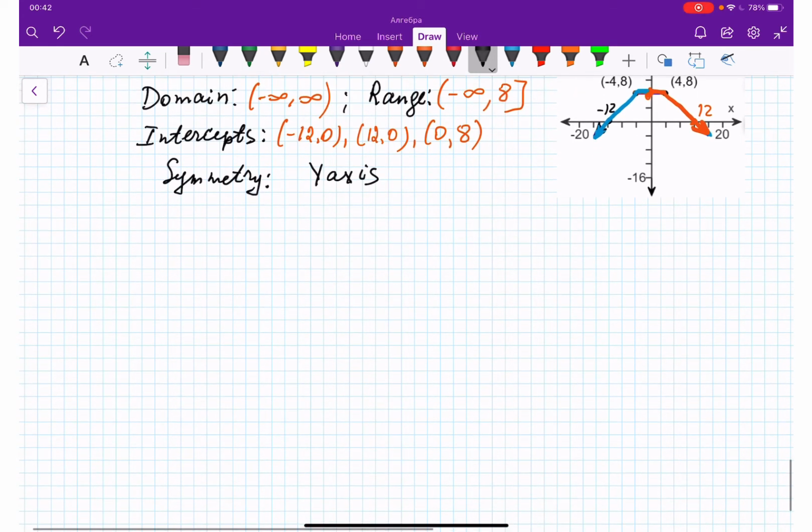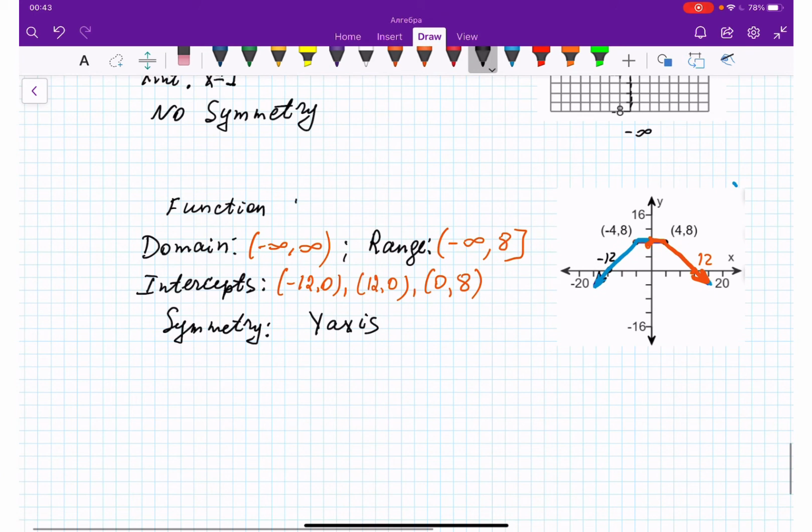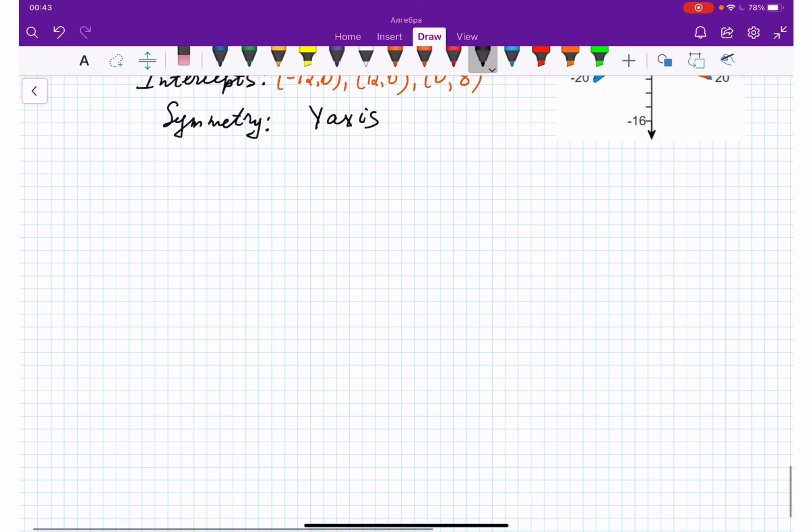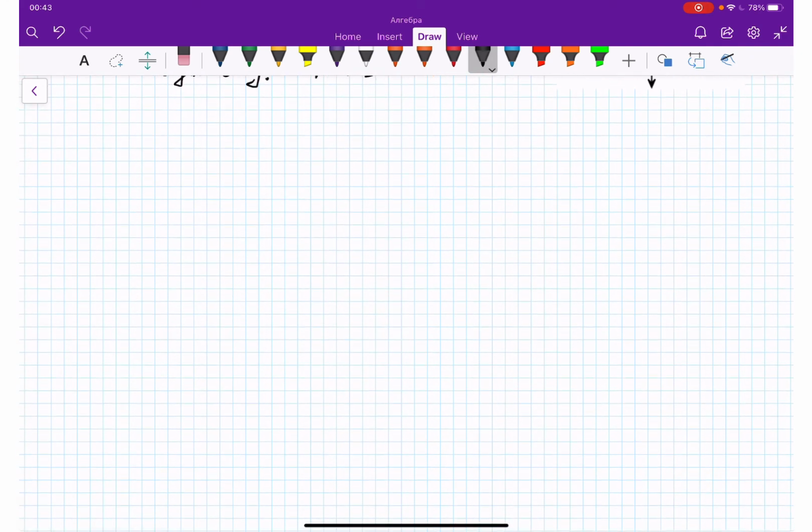So next, that was information about the function based on the given graph. Now let's do it algebraically. Let's get information algebraically.